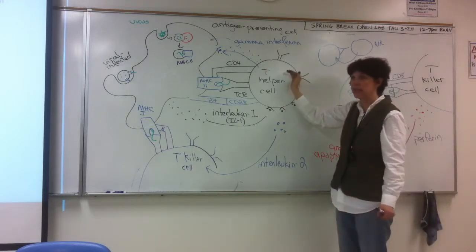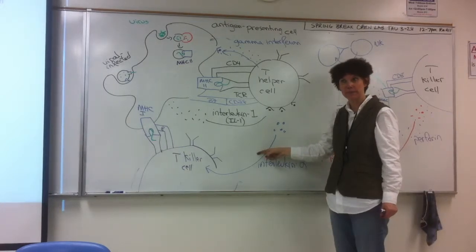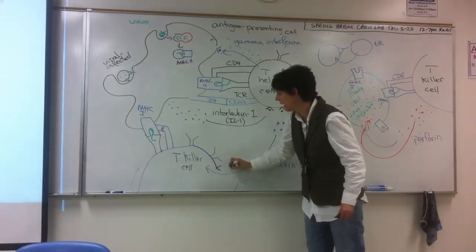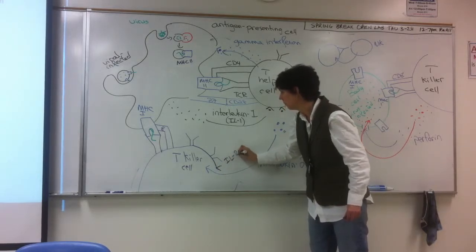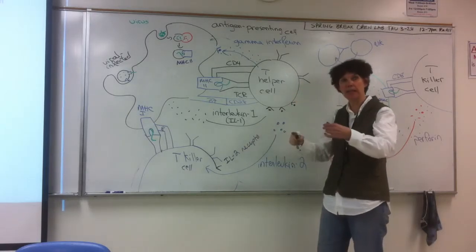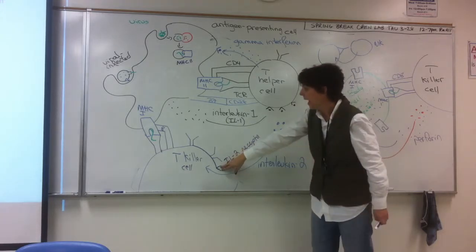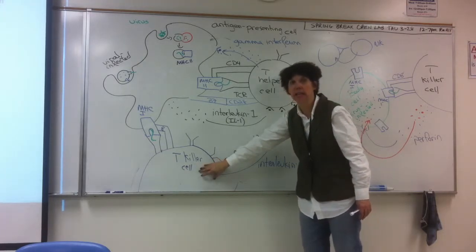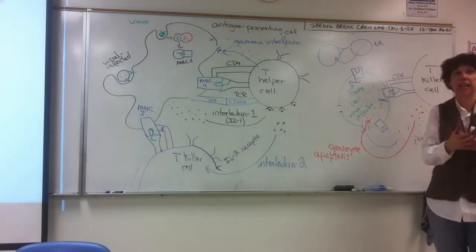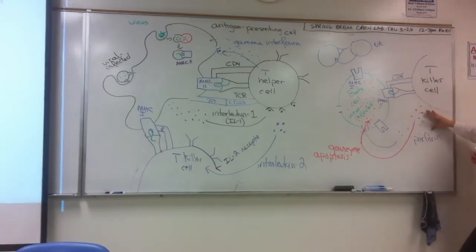So the T helper cell, when it's active, is capable of making interleukin-2. The receptors for interleukin-2 are on the T killer cell. Interleukin means between white blood cells. So the interleukin-2 molecules activate the T killer cell, and now when it separates from the macrophage, its structural and metabolic changes inside allow it to make its own chemicals.